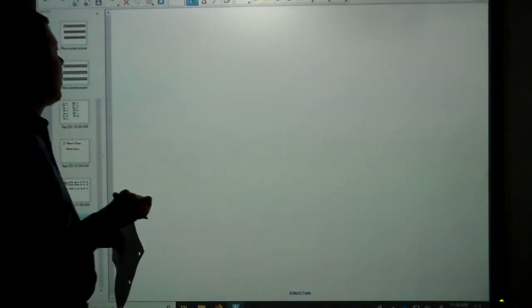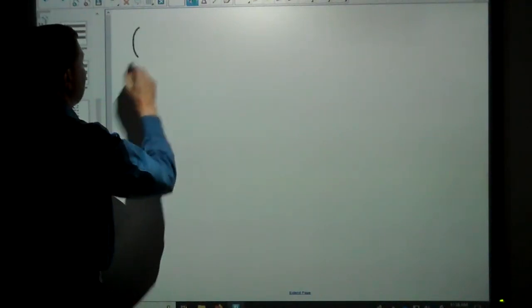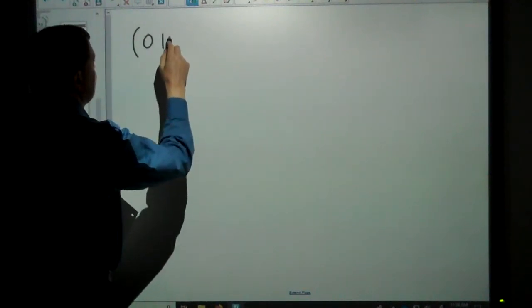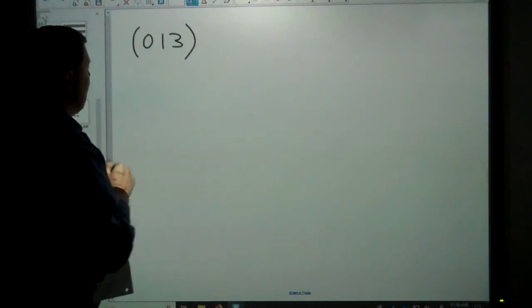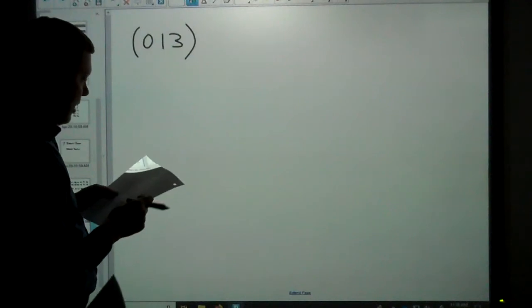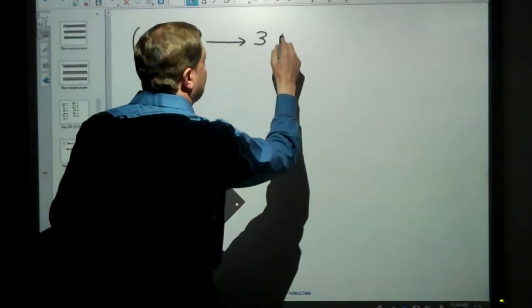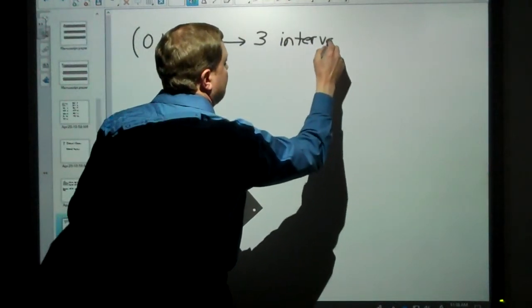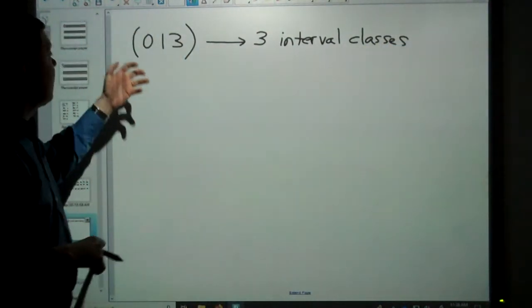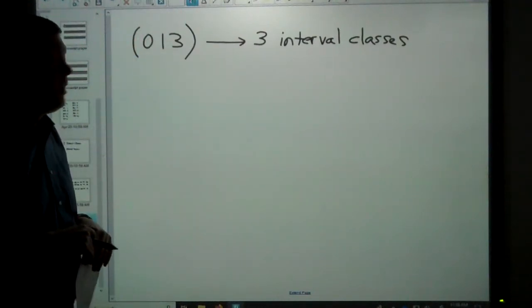In order to understand what an interval vector is, first of all, we need to know that when you have a set that contains 3 pitch classes, let's say the set is 0, 1, 3, any set that contains 3 members or 3 pitch classes is going to have a total of 3 interval classes. In other words, there are only 3 total intervals between each of the successive combinations of pitch classes in this pitch class set.